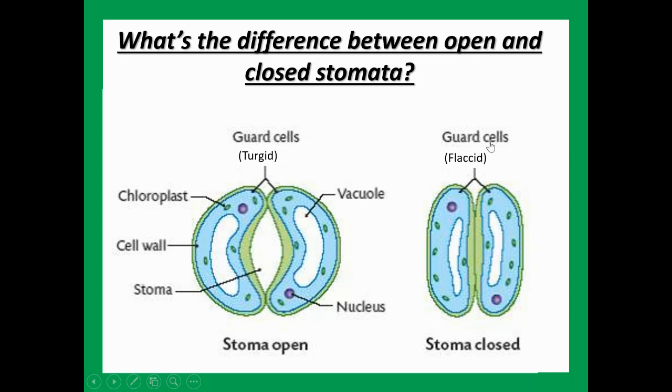In the dark, the guard cells become flaccid and the stomata closes. There is an opening between the guard cells here, and there is no opening when the guard cells are flaccid. Notice that I changed the words from last time to turgid and flaccid. We're going to have to get used to using the terms turgid and flaccid to describe guard cells.